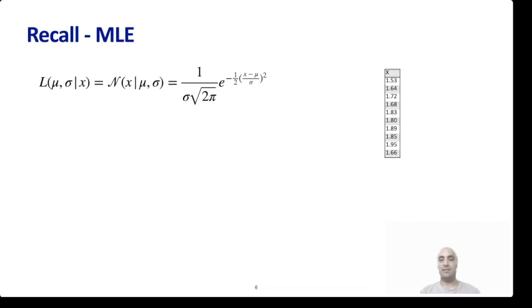So you can easily compute the derivative of L with respect to mu and with respect to sigma. And since we want to maximize this function with respect to each parameter, we try to solve each equation. In other words, we try to find the best value for mu that makes this derivative equation 0.